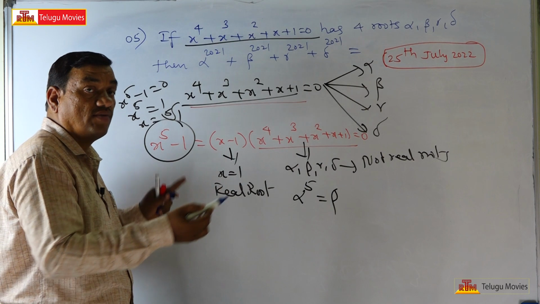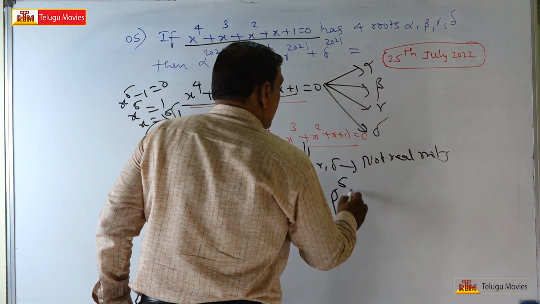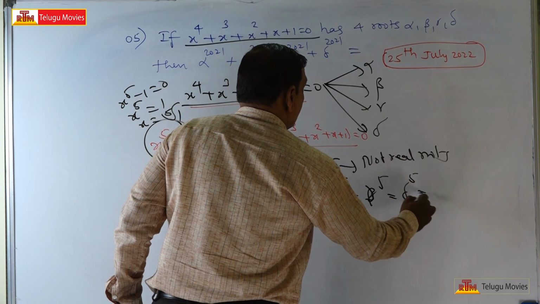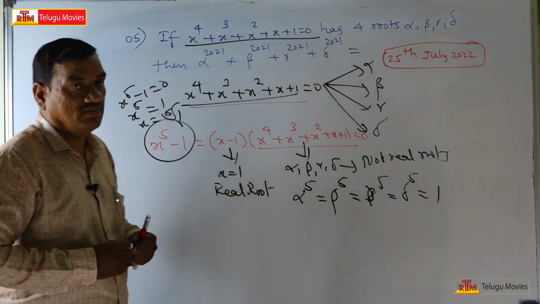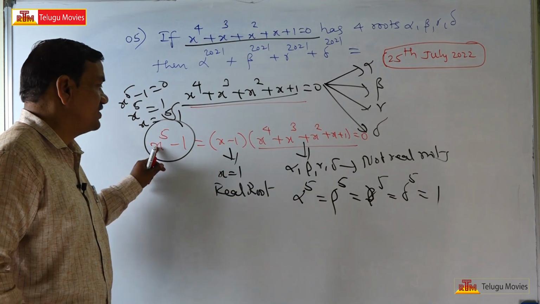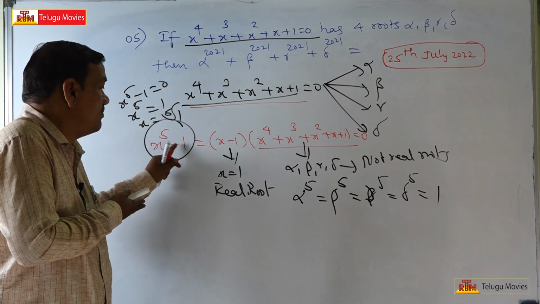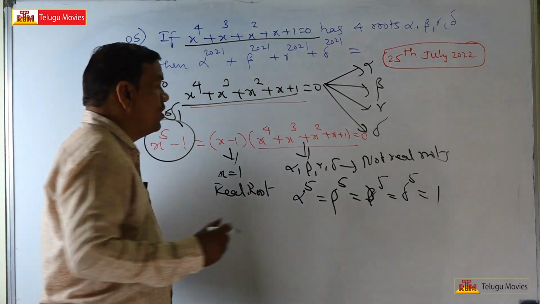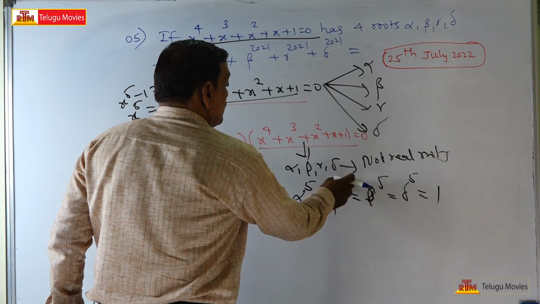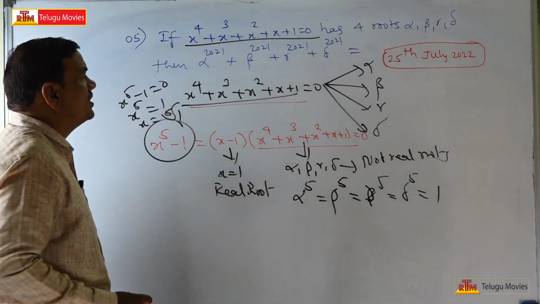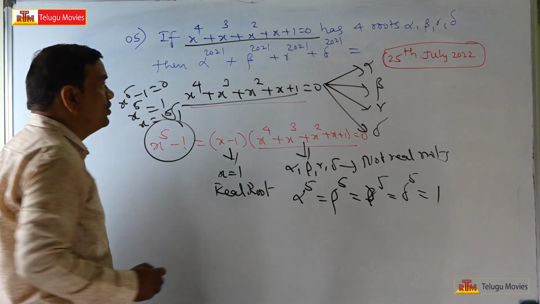That means alpha to the power of 5, beta to the power of 5, gamma to the power of 5, delta to the power of 5 is equal to 1, even though they are imaginary roots. So what is alpha to the power of 2021?